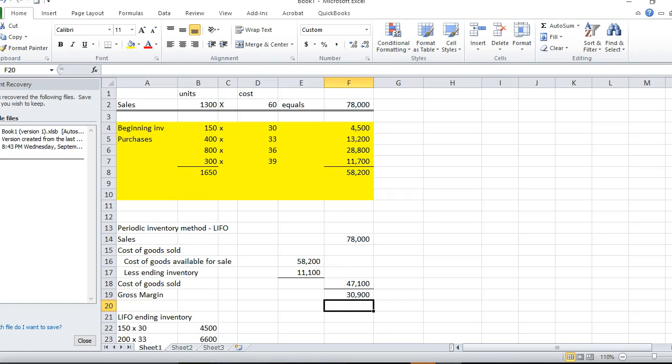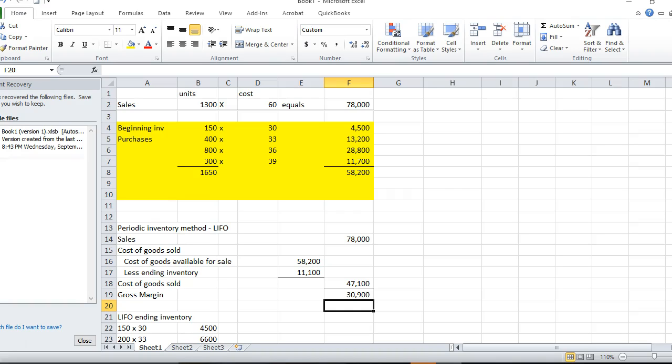I have a question for the LIFO one. Why would you count the 300 purchase when it's after the sale date? Good question, because this is not perpetual. This is periodic. So remember, we don't keep track, so it really wasn't here anyway. Under perpetual, we would.